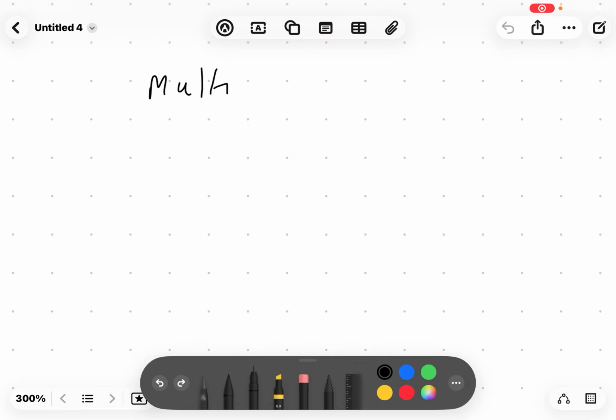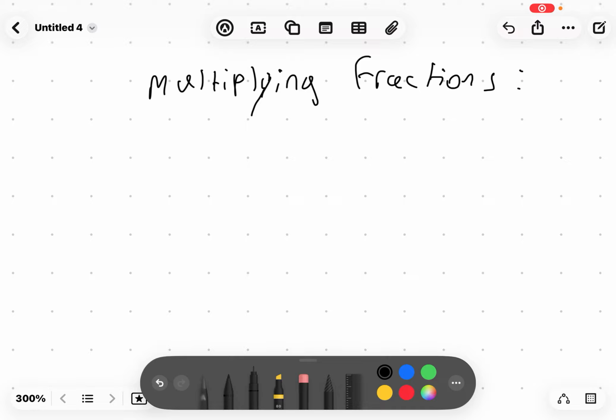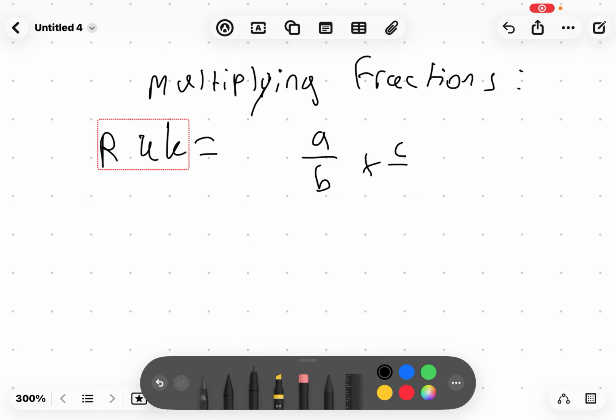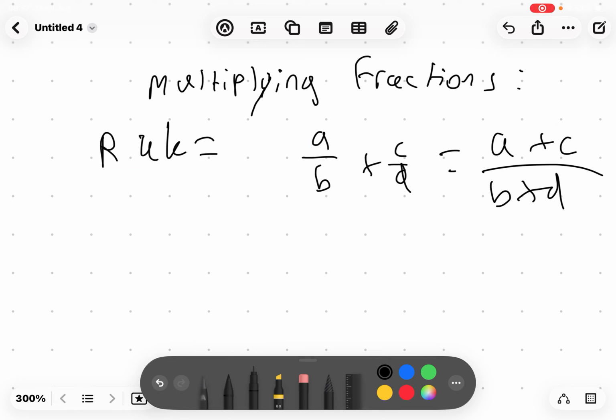Okay, let's just do multiplying fractions, and basically the rule, you should already know it. It is a/b times c/d, and you just multiply these two. And yeah, that's the rule.